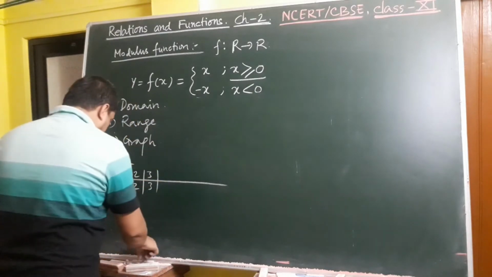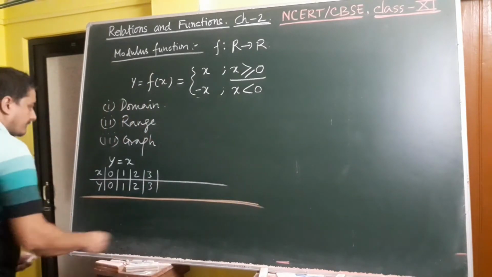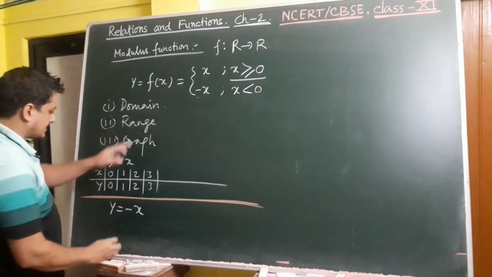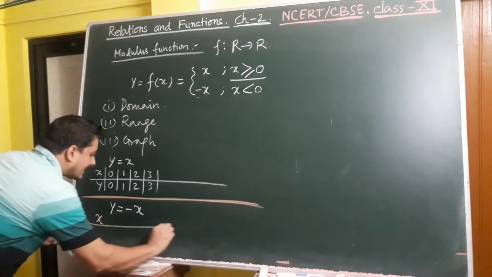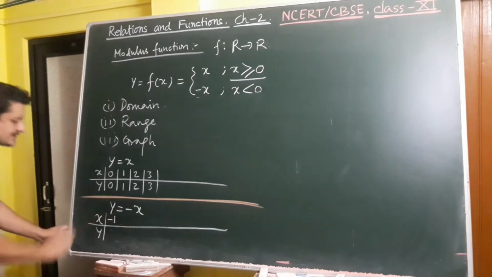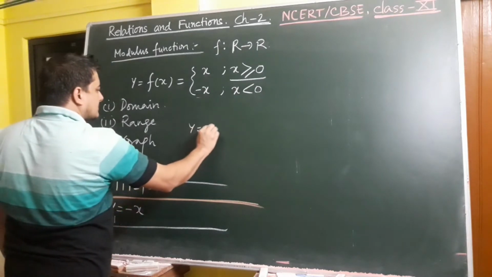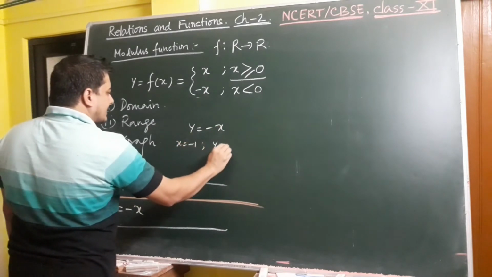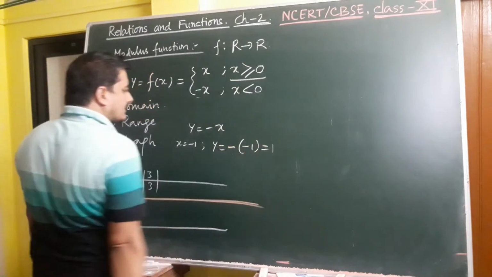But now for negative values of x, what is the equation? My equation is y equals minus x. So now what values will I take? I'll take negative values, say minus 1. If you put x equals minus 1, then y equals minus of minus 1, which is nothing but 1.